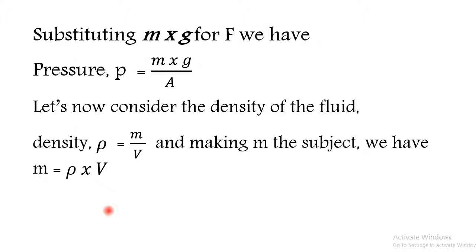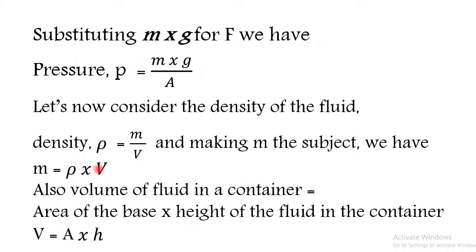Now, if we consider the density of water, or the density of any fluid that we may have, density is equal to mass over volume. Making m the subject of the formula, m is equal to the density times the volume. And if we are to determine the volume, we have to multiply the area of the base times the height.